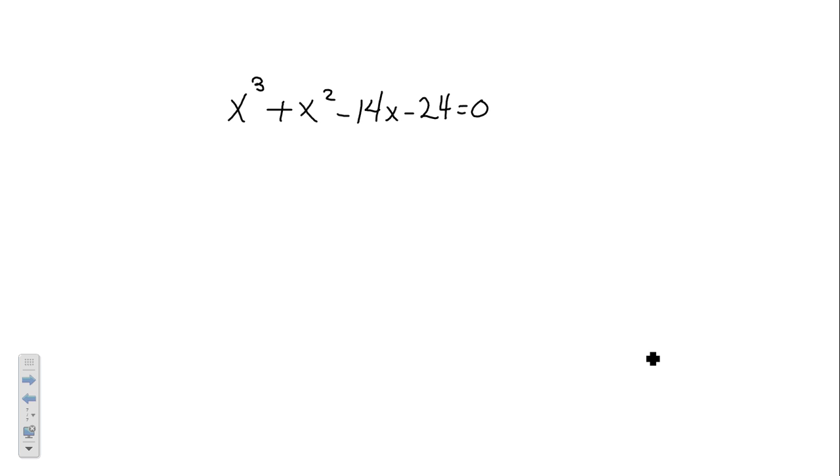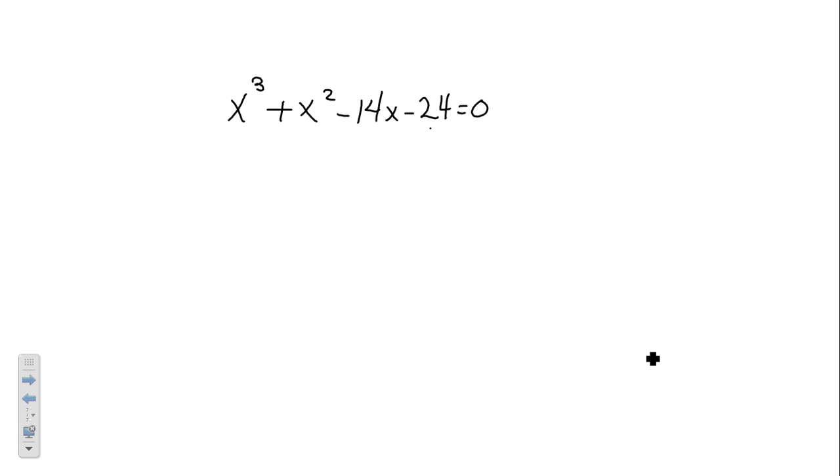In fact, I'm a little skeptical that it will. If I take an x squared out of the first two, I get an x minus 1. Will I get an x minus 1 if I take something out of there? No. I don't see a difference of cubes possibly here.